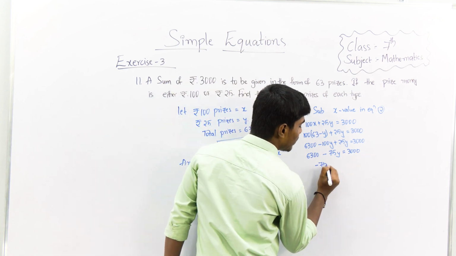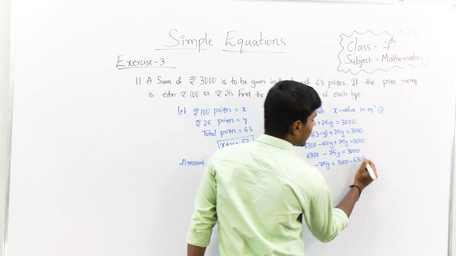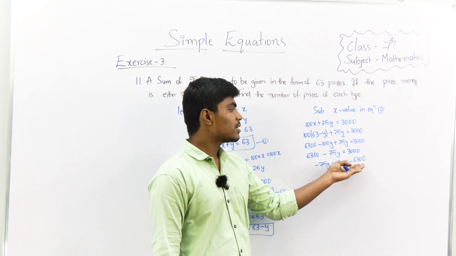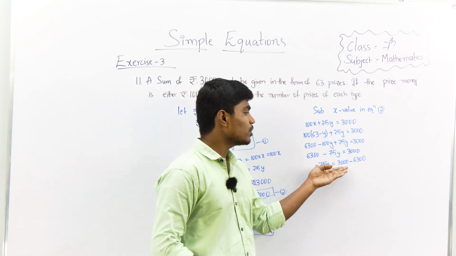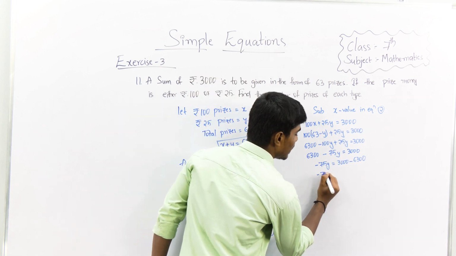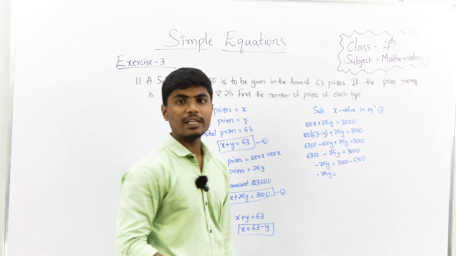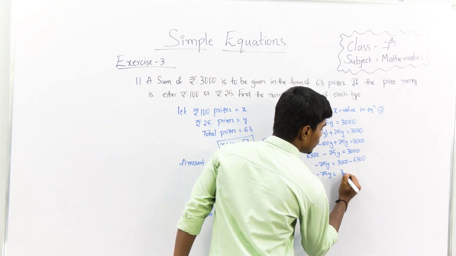So minus 75y is equal to 3000 minus 6300. Here one is positive, one is negative, so we have to subtract. So minus 75y is equal to 6300 minus 3000, which is 3300.